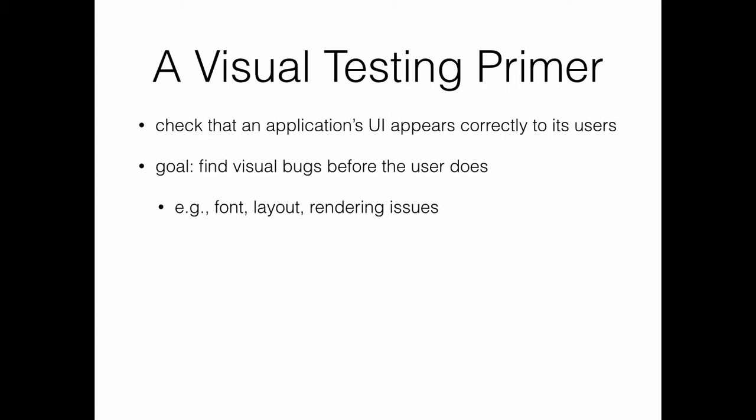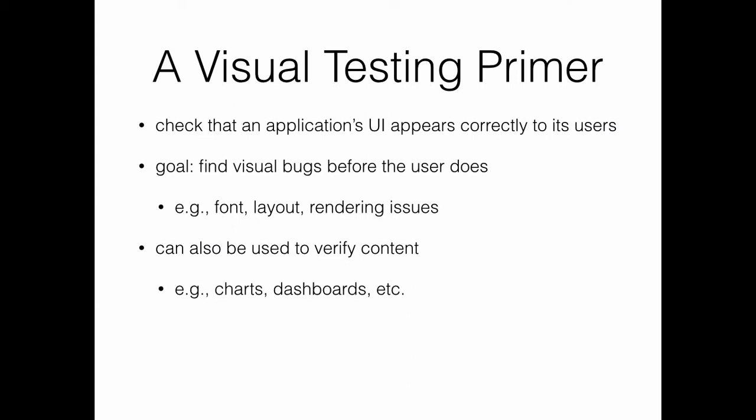It's also useful for verifying content. Things like charts, dashboards, really rich pages that have a lot of functionality but also a lot of content. Normally, testing this type of stuff would involve a challenging effort from an automated functional testing perspective, just to make some simple assertions that might be brittle and still not give you a ton of coverage on the page.